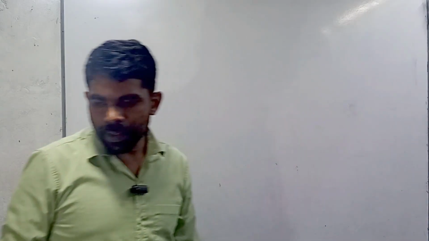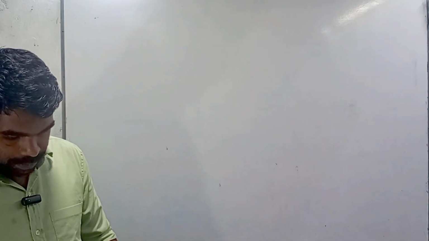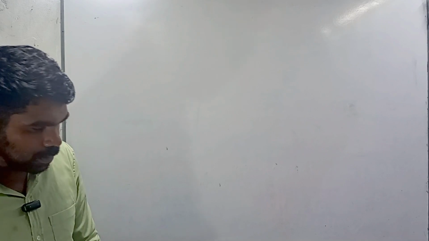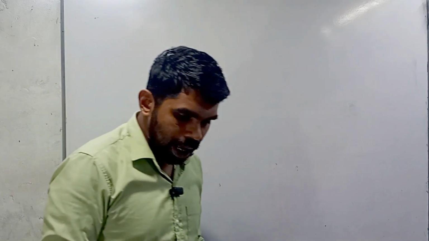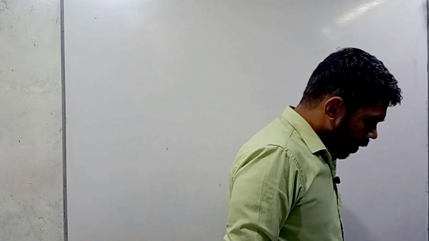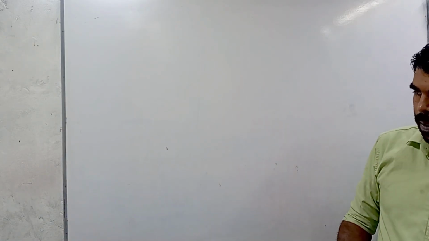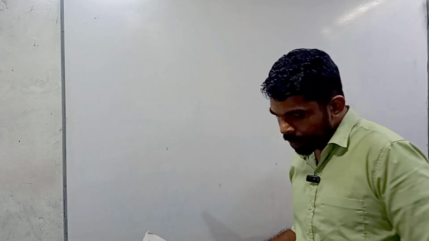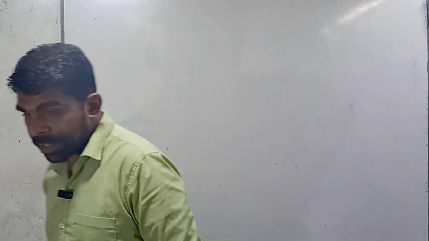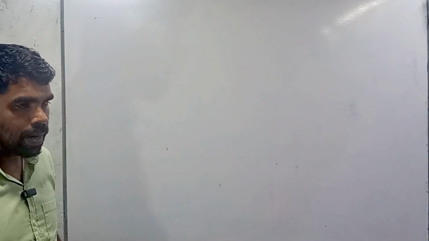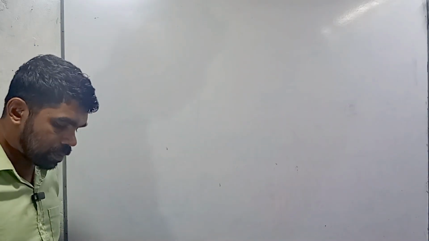Second one is 6.51, it is the corrected value. We have to remember that when finding percentage error or fractional error, we have to use the value obtained by the instrument, not the corrected value.